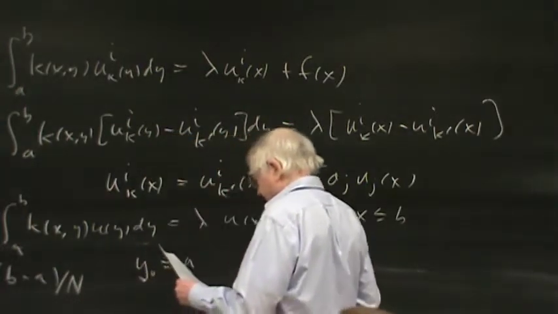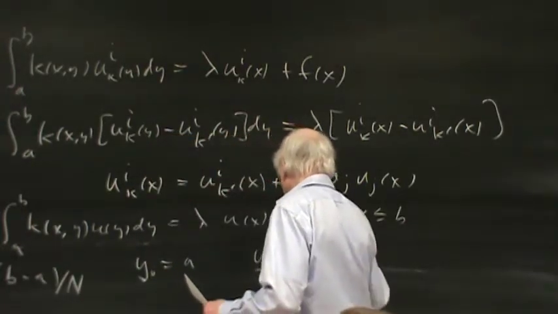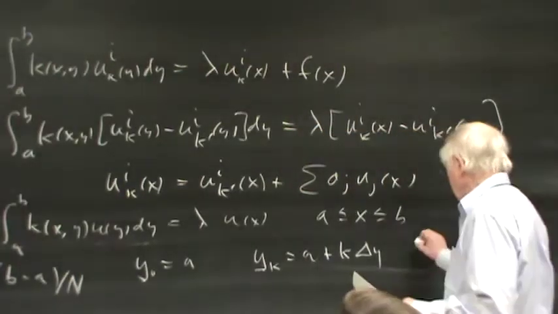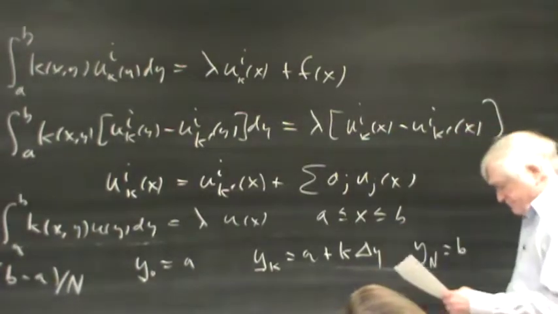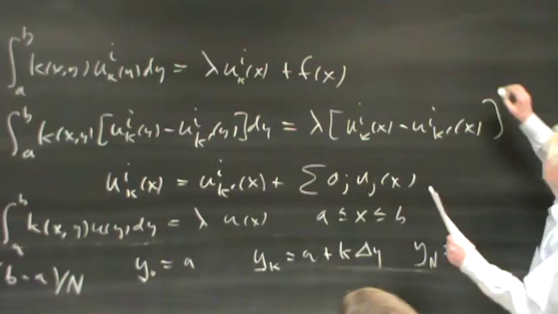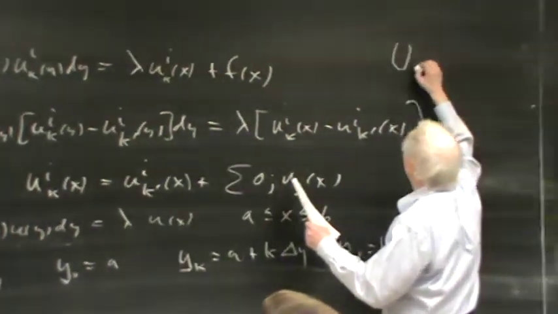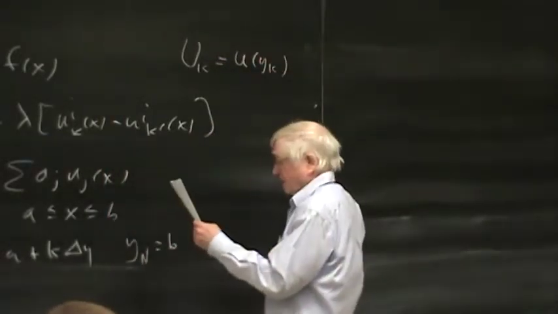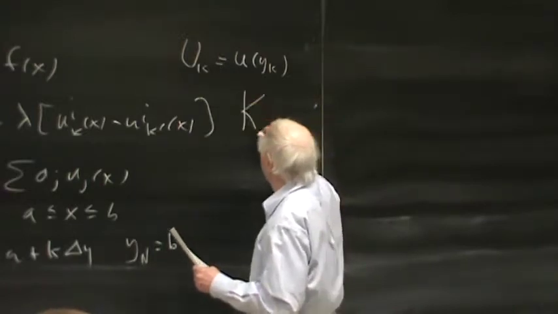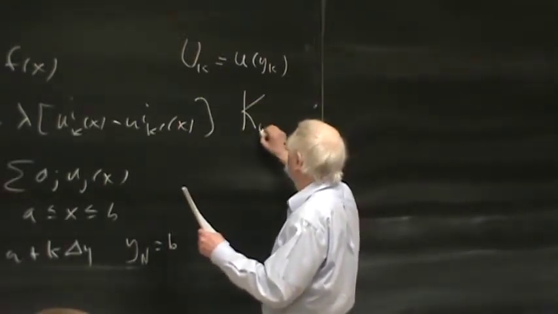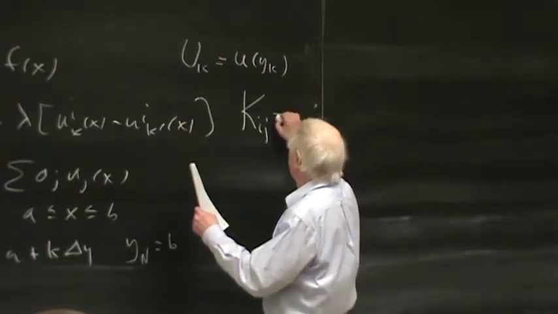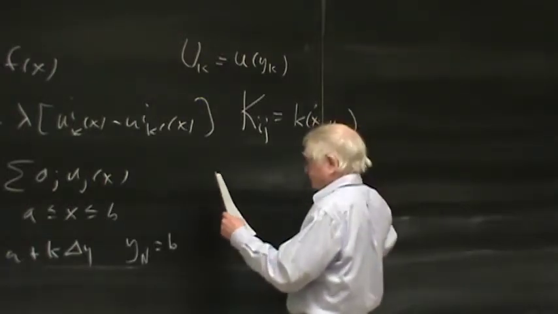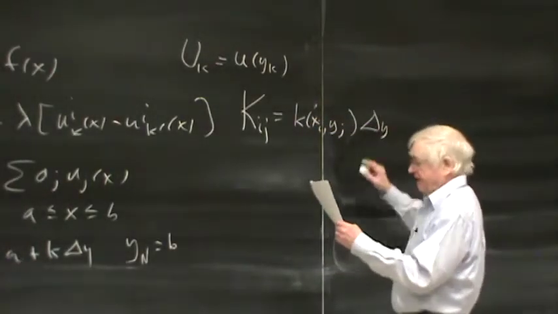Yk is then a plus k delta y, y sub n is equal to b, and then we define a vector u, and the kth entry of the vector is u of yk, and then we define a matrix K sub ij, and that's the kernel at xi, yj times delta y.